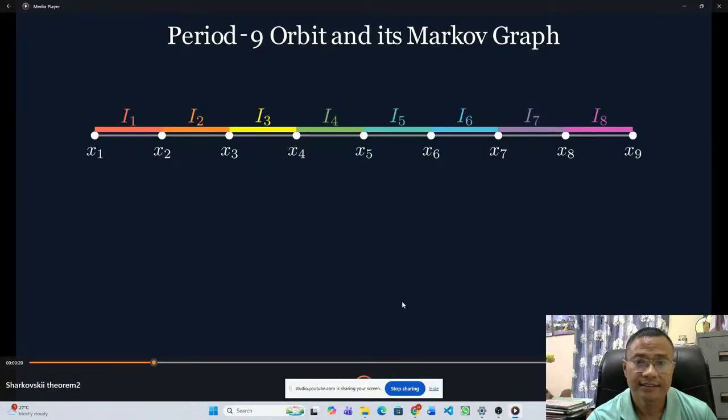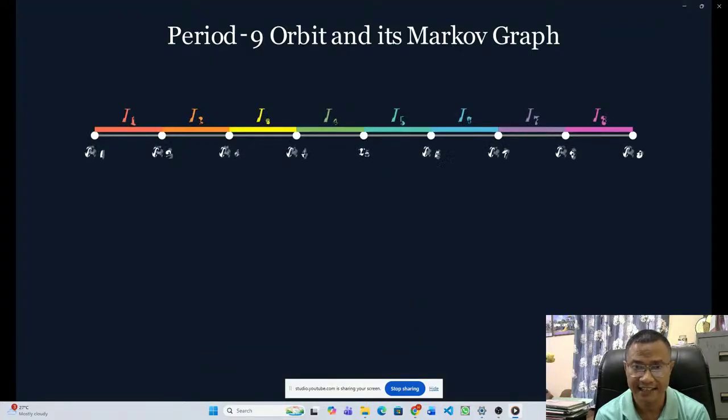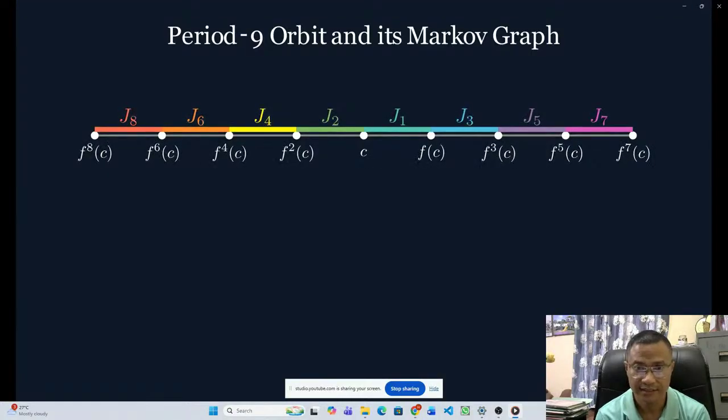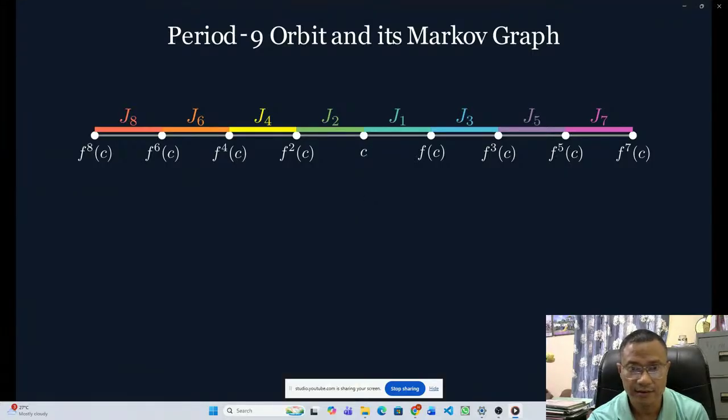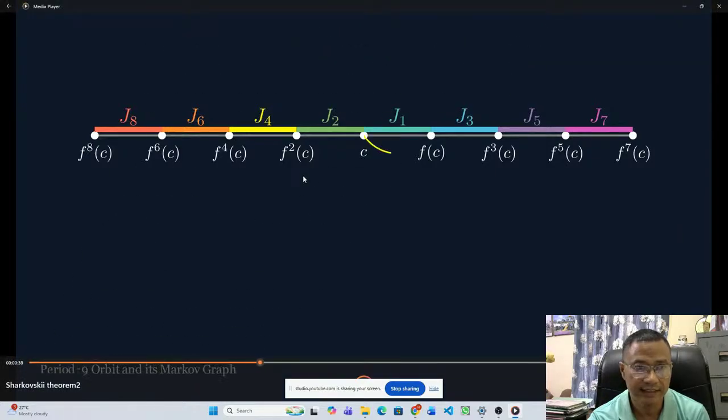Now we are going to show that the periodic orbit doesn't have any period less than 9 and greater than 1. Now c is the center point, then f(c), f³(c), f⁵(c), all odd iterates are on the right, and all even iterates are on the left.